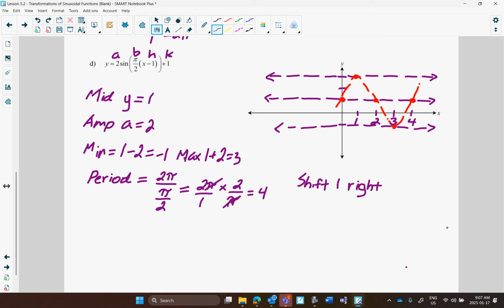So 1 to the right, I got to take all those points and move them 1 notch to the right. So I just got to make an extra notch here for this one. So this shifts 1 notch to the right, 1 notch to the right, 1 notch to the right. And I can draw a smooth curve now because it's my final answer.